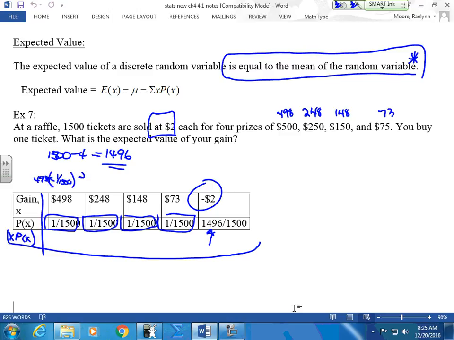I multiply 248 times 1 over 1,500. So it's the same as your probability, kind of. So I multiply these guys, x times p of x, and when I get all of these, I add them up, and that's my mean, that's my expected value.